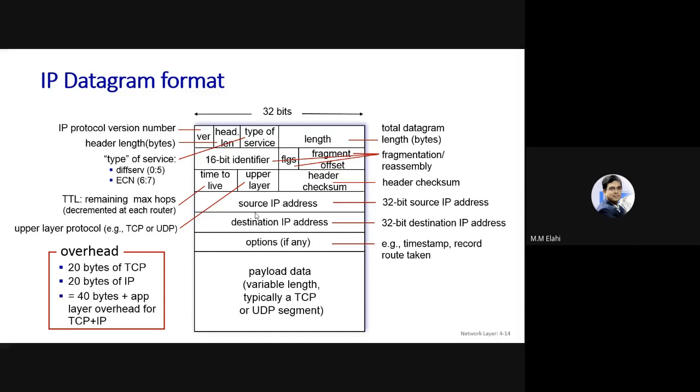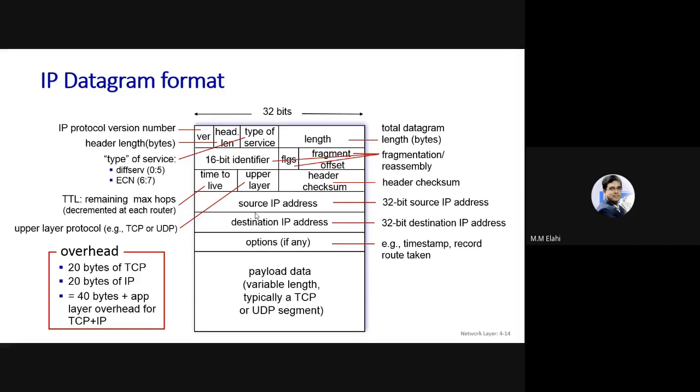Okay, so header means overhead, right? We saw in chapter 1. We already saw in TCP the minimum header is 20 bytes, which we covered in chapter 3. And also in chapter 4, we see here the minimum header in an IP packet is also 20 bytes. So if we consider application data with a transport header and a network header, there is the application layer overhead, plus 20 bytes of header in TCP and 20 bytes of header in IP.